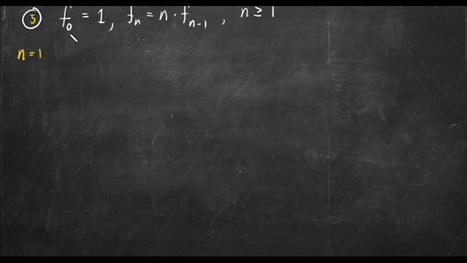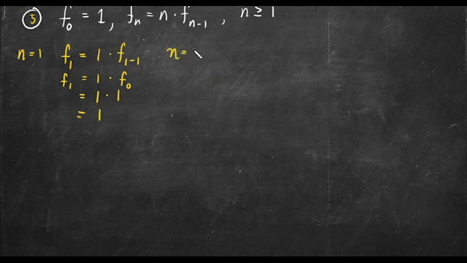So, for n equals 1, let's substitute. We'll have f sub 1 equals 1 times f sub 1 minus 1, which gives us 1 times f sub 0. And we already have your f sub 0, which is 1. So, we'll get 1 times 1. Therefore, f sub 1 is 1.